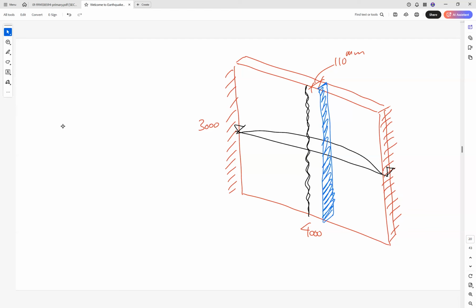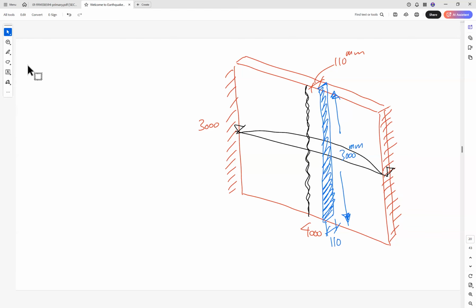If we have horizontal moment, the vertical bedded area will resist. How much is the width of the vertical bedded area? 110. How much is the height of the bedded area? Not 4,000 here. It will be 3,000 millimeters.